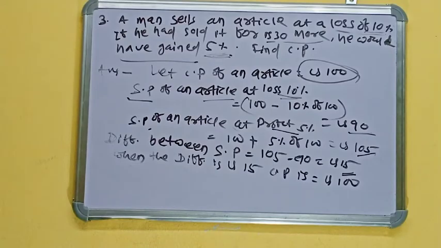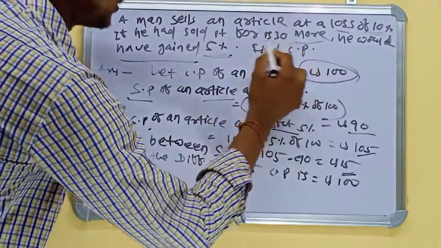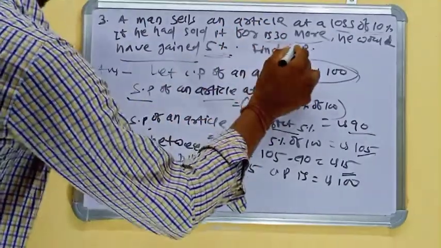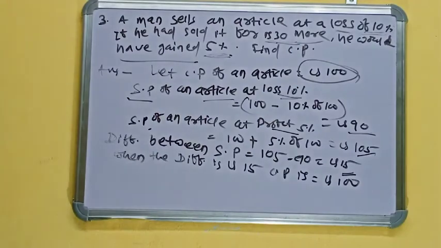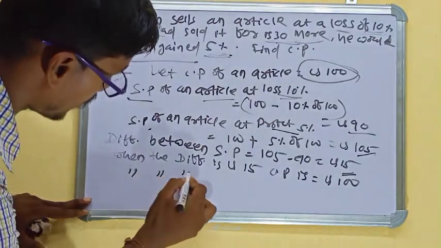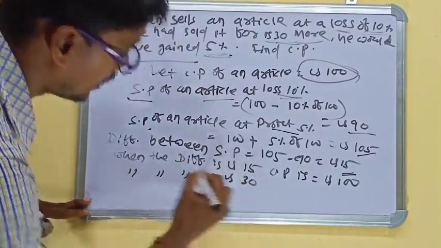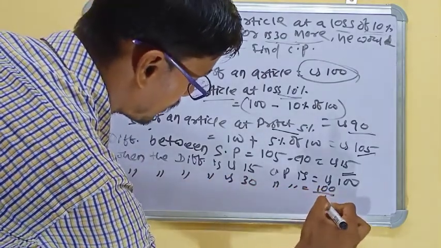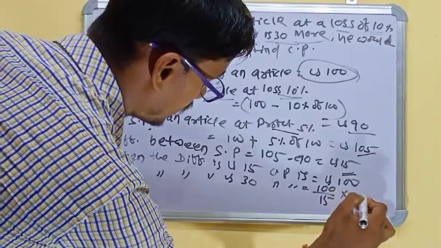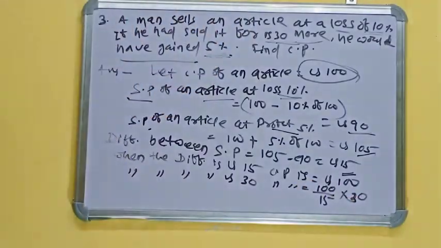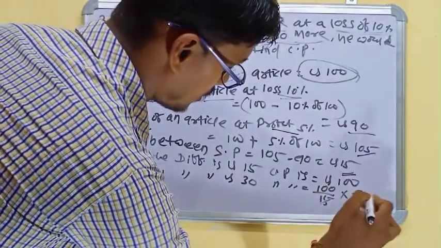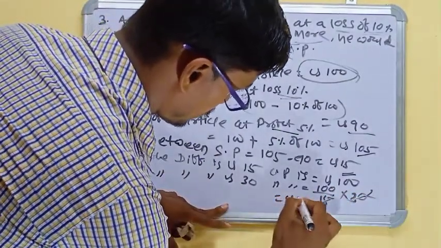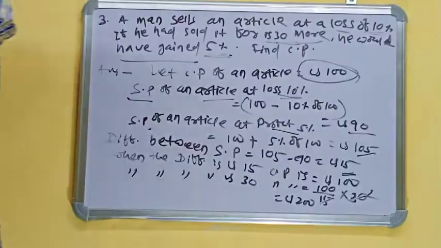But in this question, the difference between the selling prices is rupees 30. Then when the difference is rupees 30, the CP is 100 divided by 15 into 30, which is rupees 200.